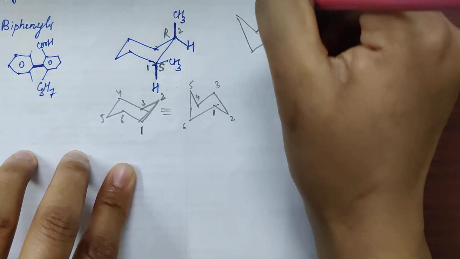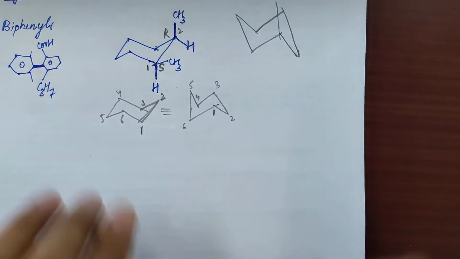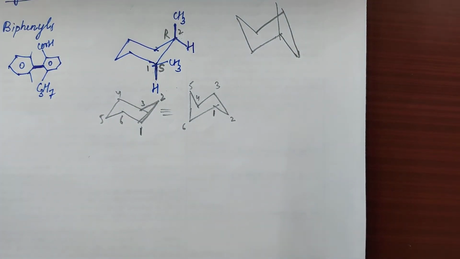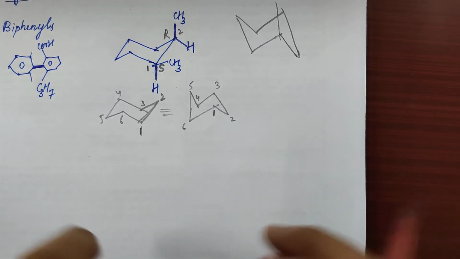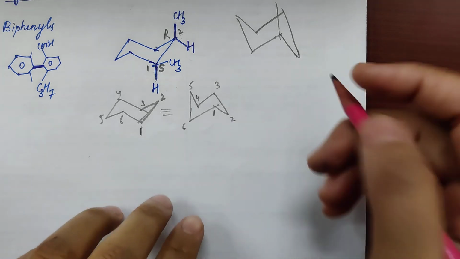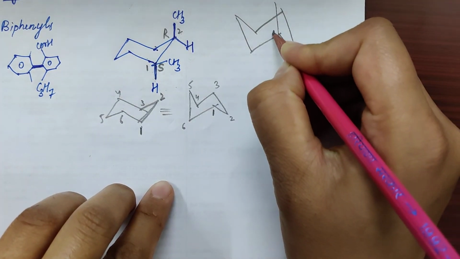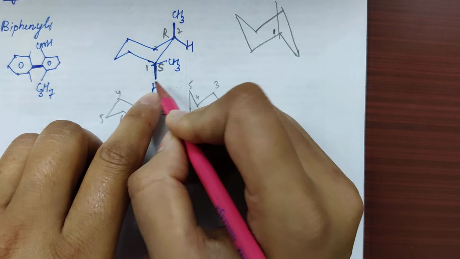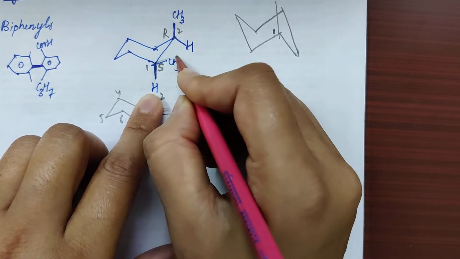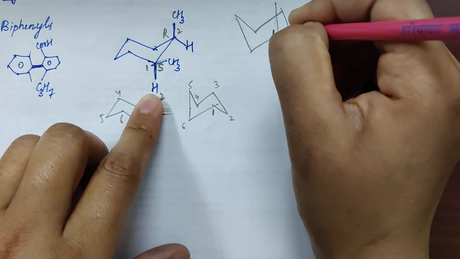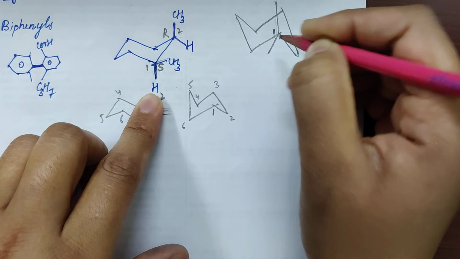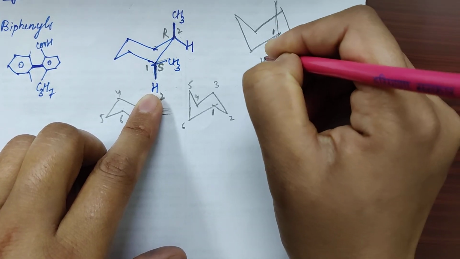ऐसा बनेगा, ठीक है. इस पे ये मिथाइल ग्रुप जो, when the ring flips what happens, the groups which are present on the axial position will go on the equatorial, and the equatorial groups will come on the axial position. So this is your first carbon and it has two substituents, one hydrogen and the other one methyl. Methyl was present on the equatorial position, so you will write it on the axial position, and your hydrogen will come on the equatorial position.